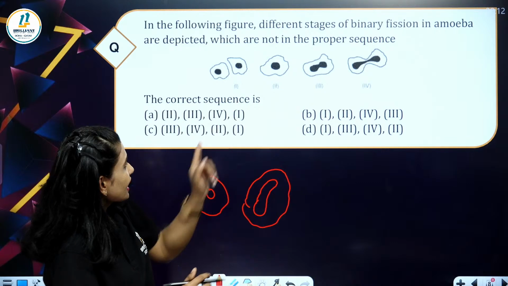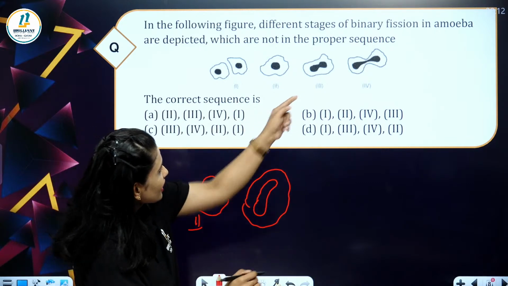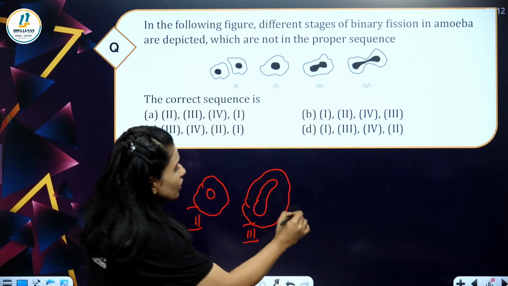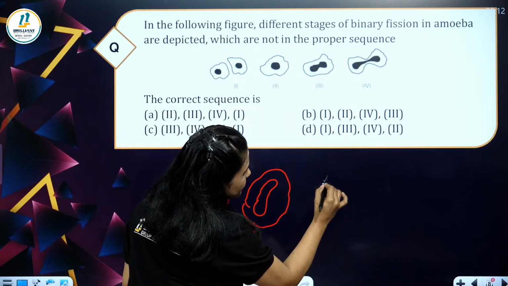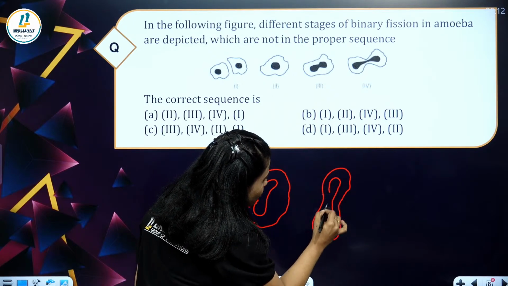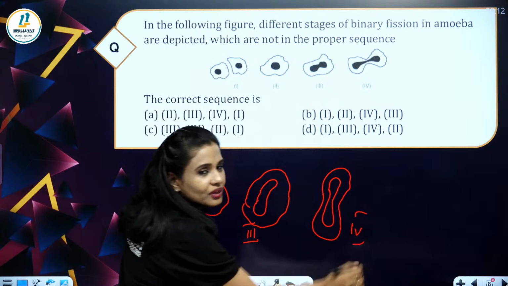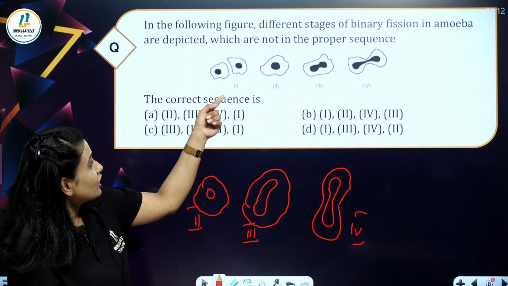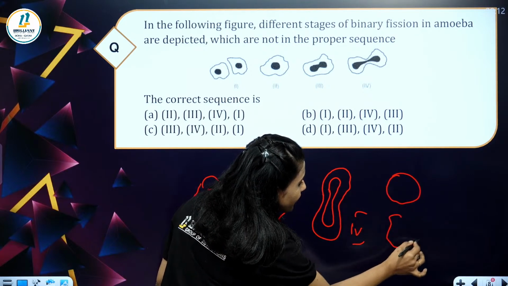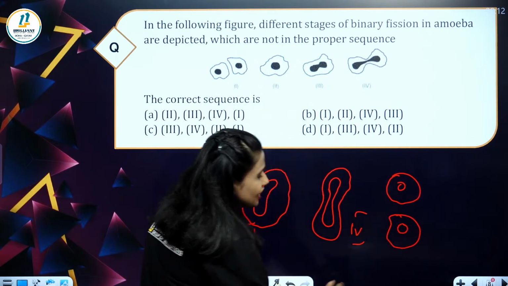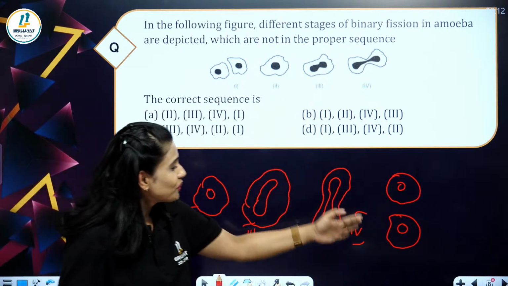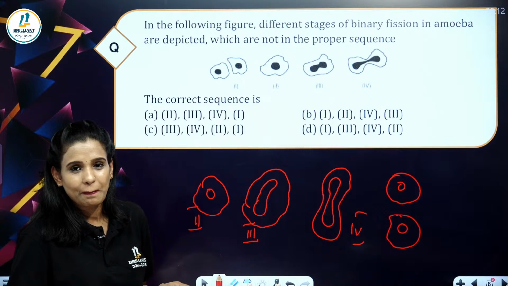Then the second stage will be the third one, and then the fourth one. You can see here it is going to divide into 2. And finally the first one, where it is completely divided into 2 daughter cells.